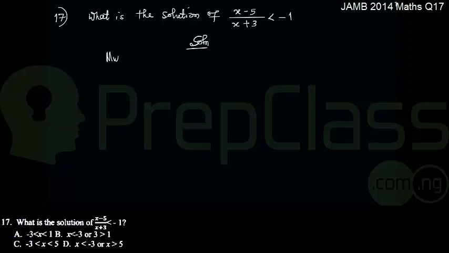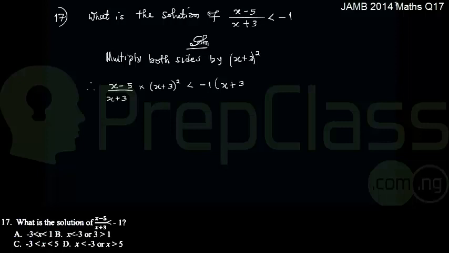So multiply both sides by the denominator, which we have as x plus 3, but not the denominator, the square of the denominator. So multiplying both sides by the square of the denominator, I will have (x minus 5) over (x plus 3) times (x plus 3) all squared, less than minus 1 into brackets (x plus 3), which will be minus 1 times (x plus 3) all squared.